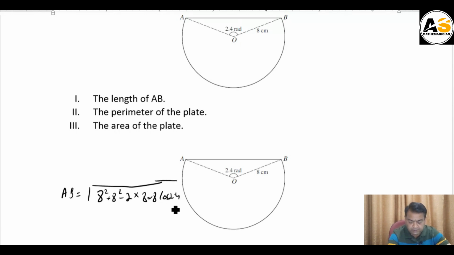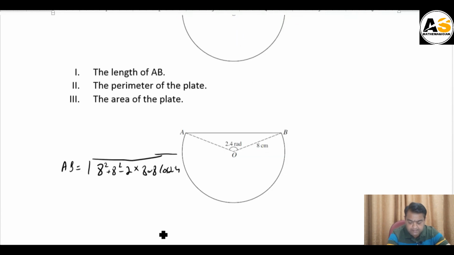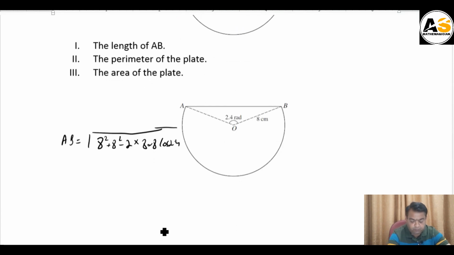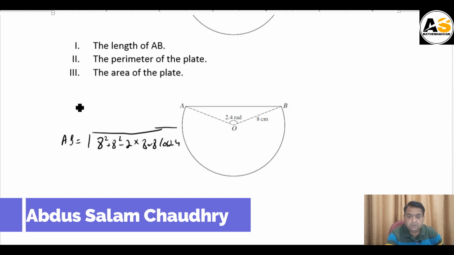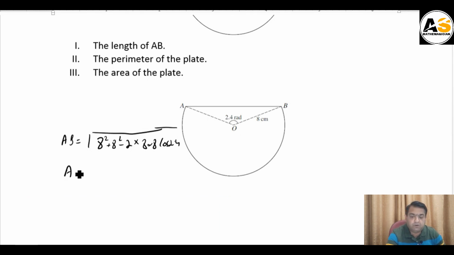When you use your calculator, you will get this distance as 14.91. So AB will be equal to 14.91 centimeter. This is part 1 of this question.